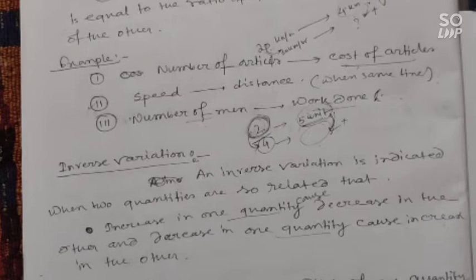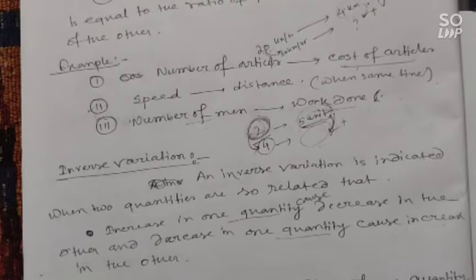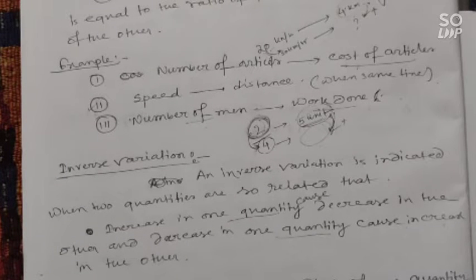Increase in one quantity, if we increase one quantity the other quantity will decrease, and decrease in one quantity causes increase in the other. And the ratio of any two values of one quantity is the inverse of the ratio of the corresponding values of the other.